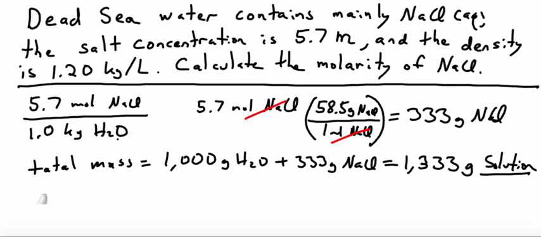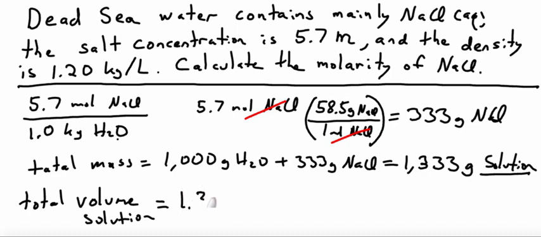So let's do that. The total volume of solution is equal to the mass, and now we have to convert from mass to volume. We have to be careful here. The density is given in kilograms per liter.